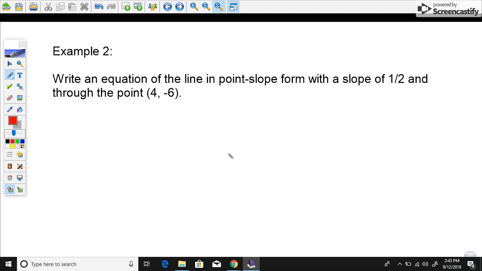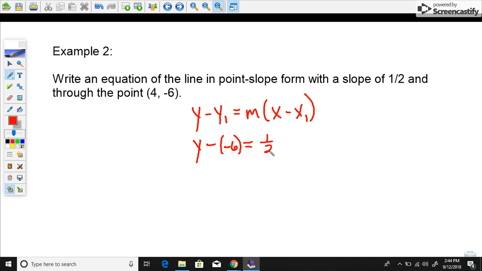Example 2, write an equation of the line in point-slope form with slope of 1/2 and through the point 4, -6. Just like the last one, let's start off by writing the general form of point-slope form. And let's start plugging things in. So y minus the y coordinate, which is -6, or put parentheses to separate these two, equals m was 1/2 times the quantity x minus the x coordinate, which was 4.